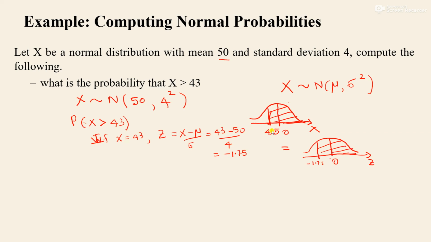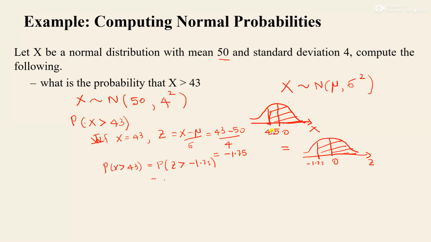But in our table, we have positive values, right? So now we will write it. Probability of x greater than 43 is equal to probability of z greater than, instead of 43, when we are writing in standard normal terms, minus 1.75.